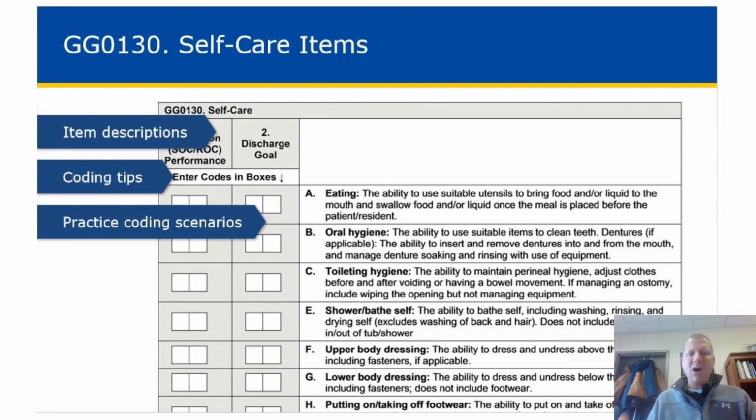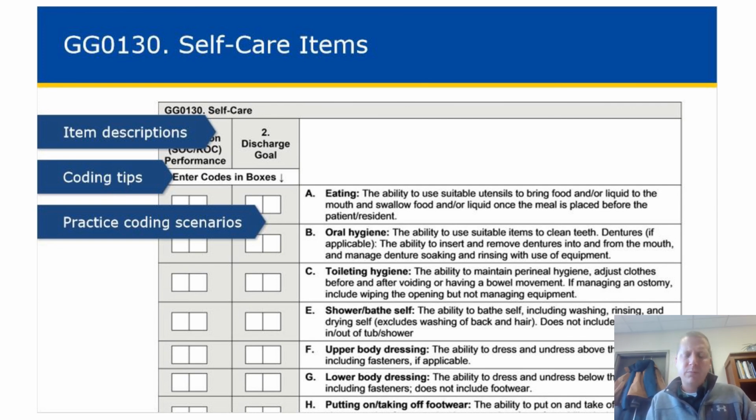I can count how many of those tasks there are, and then I go back to my decision tree and say, okay, how many of those items did I give physical assistance with? How much verbal cueing did I give my patient for safety, making sure they didn't choke, or checking their mouth, those kinds of things? And so then I could calculate that and go through my decision tree in determining the most appropriate code.